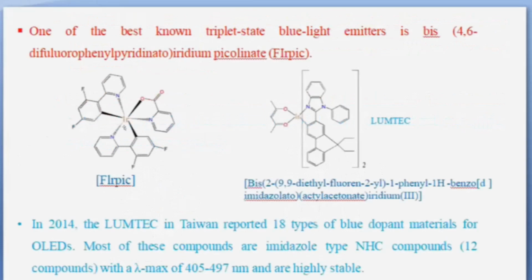Here are blue emitters. These two are well-known blue emitters. In the first one the ancillary ligand is diphenylpyridine, and in this one it is picolinic acid. This was produced by the Lumtec company in Taiwan. Eighteen types of this complex were formed. Here the cyclometalating ligand is a heterocyclic carbene, and the ancillary ligand is acetylacetone. So the company patented 18 types of these complexes.